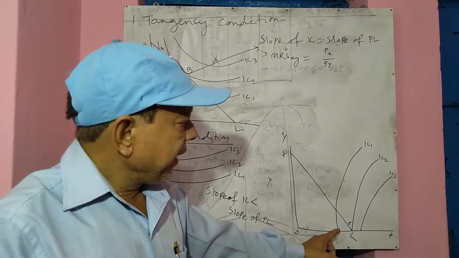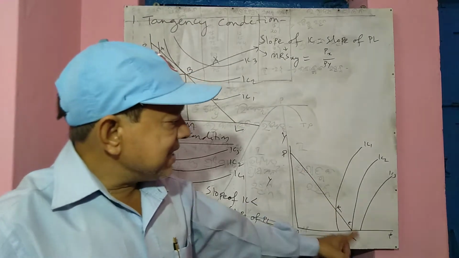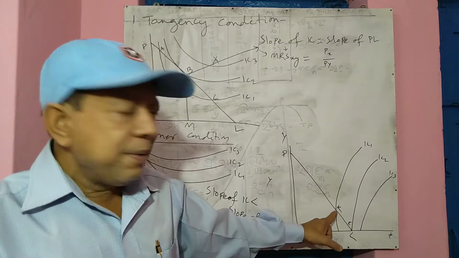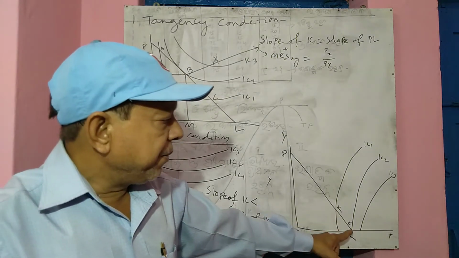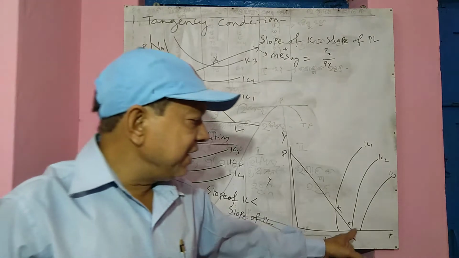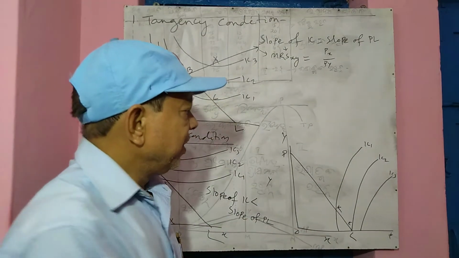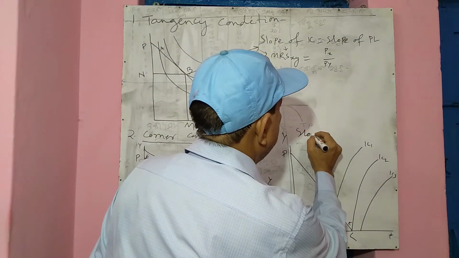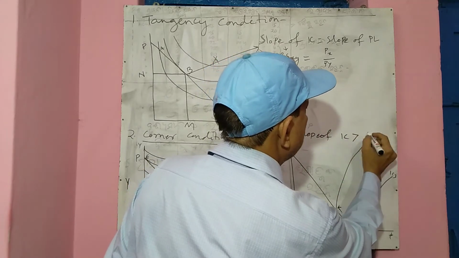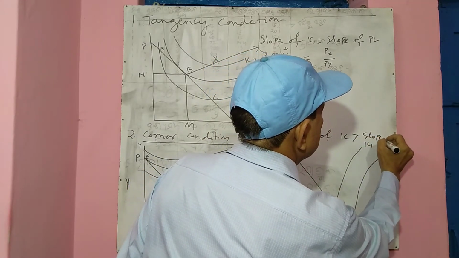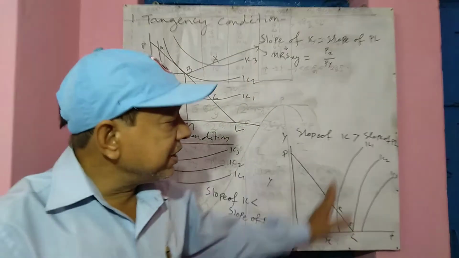Here also there is a point K where the price line intersects IC1, but this cannot be a good condition of utility. But point E is the maximum utility point, because the slope of IC is more than the slope of the price line.